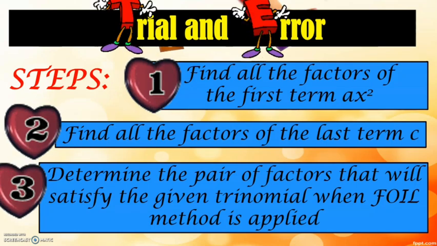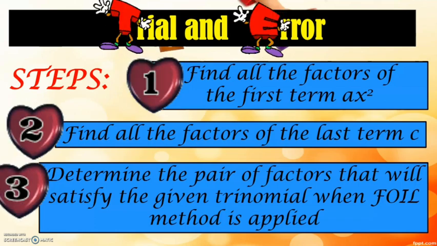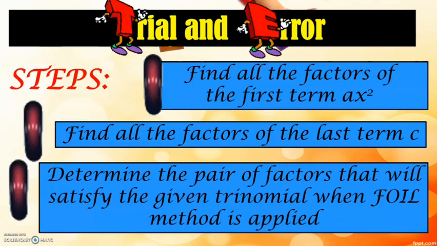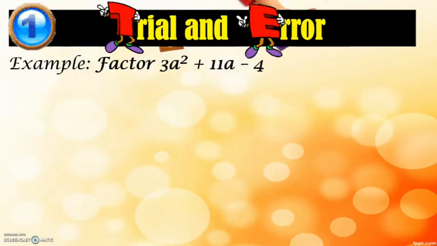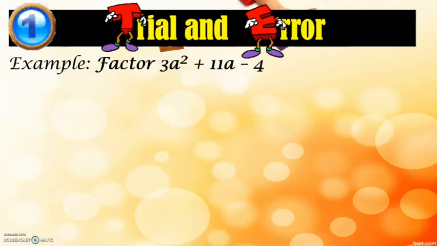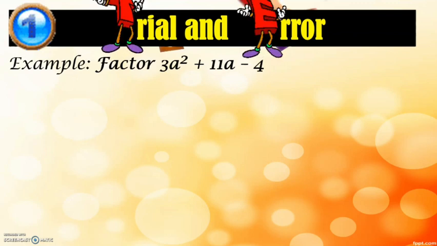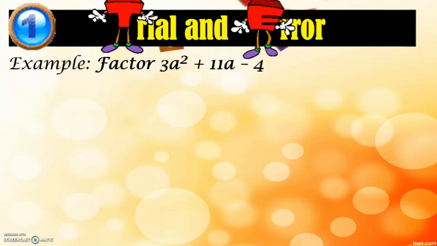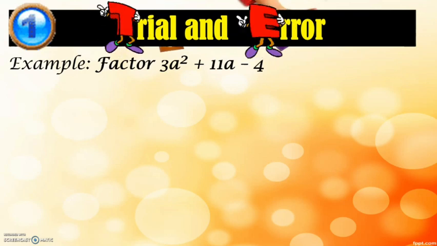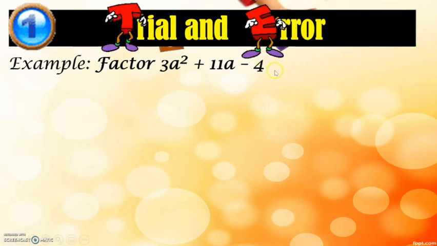So for us to fully understand these steps, let us have the first example. Example number 1. Factor 3a squared plus 11a minus 4. Your first term is 3a squared. Your last term is negative 4.